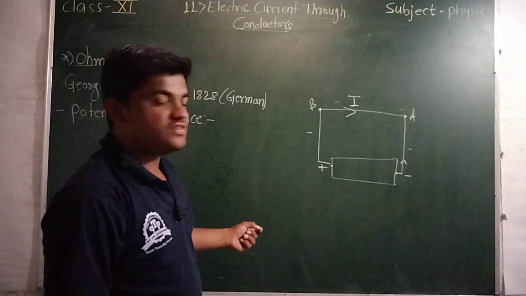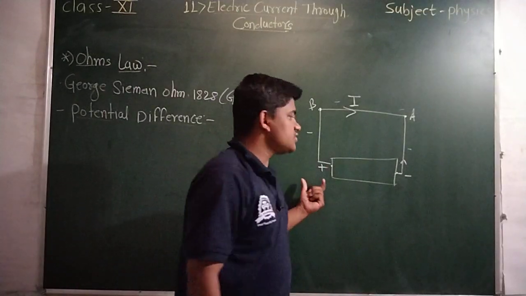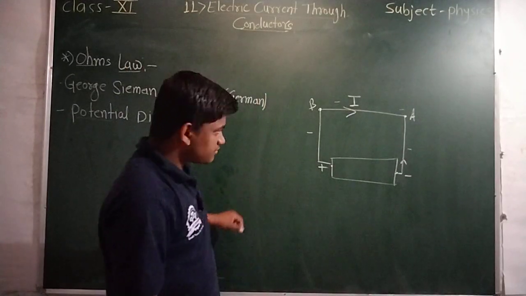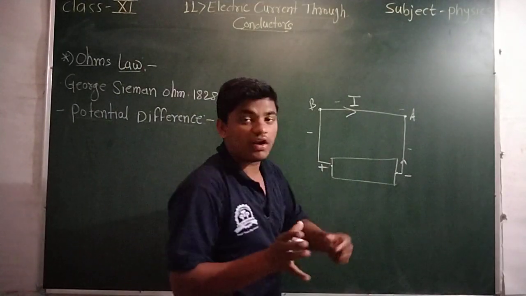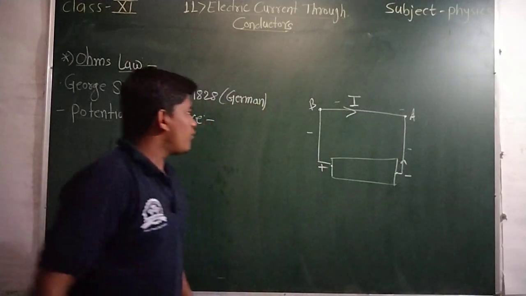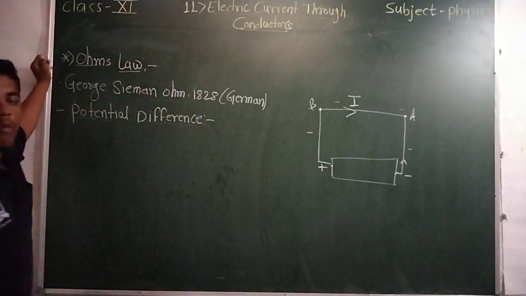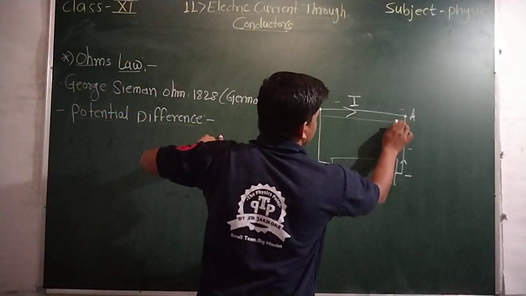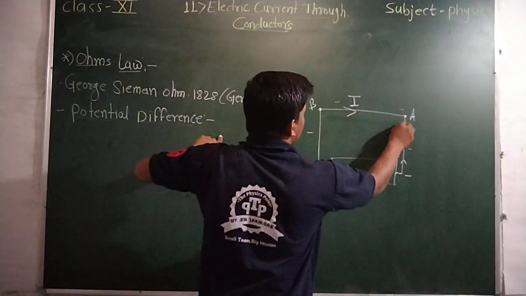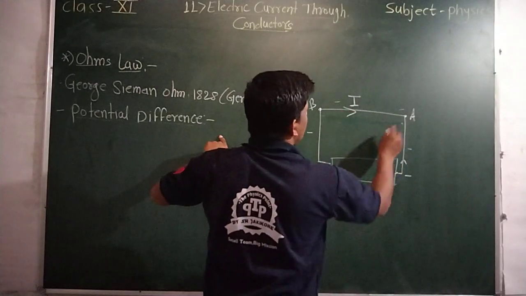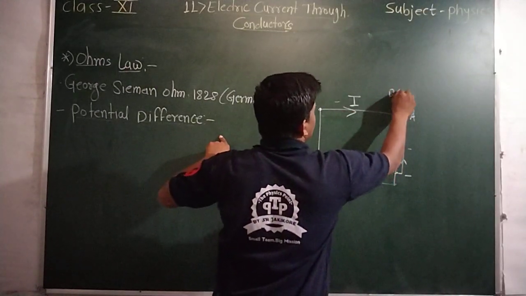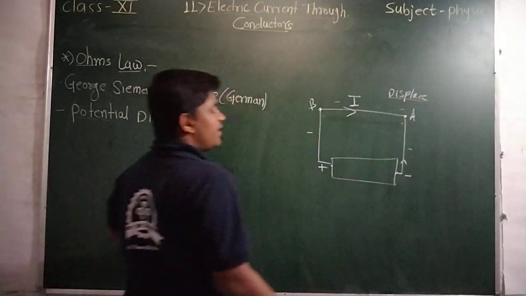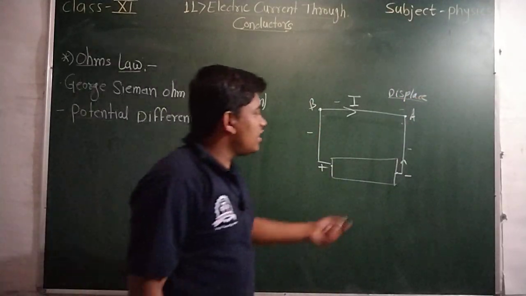Different charges attract and the same charges repel. In this lecture we are discussing potential difference in terms of work done and charge. This displacement is used for flowing the negative charge from point A to point B. That is one displacement, and some work done will be there.